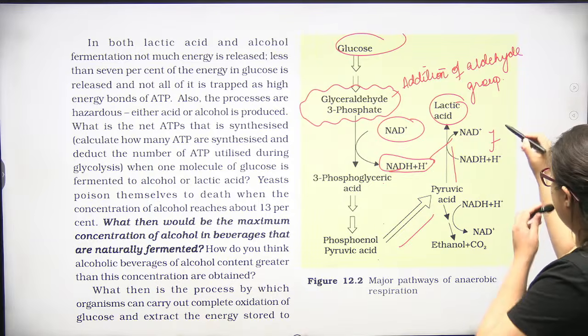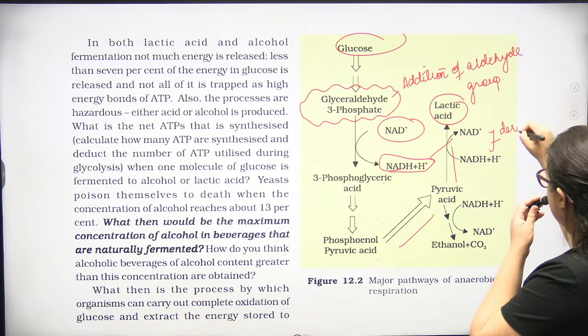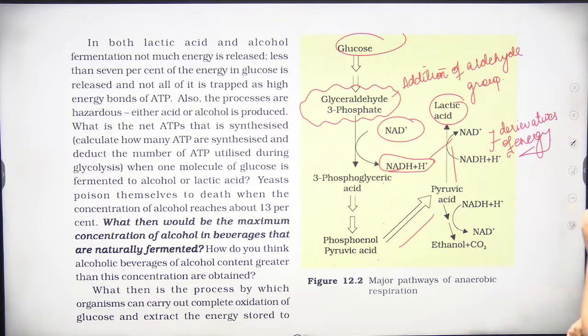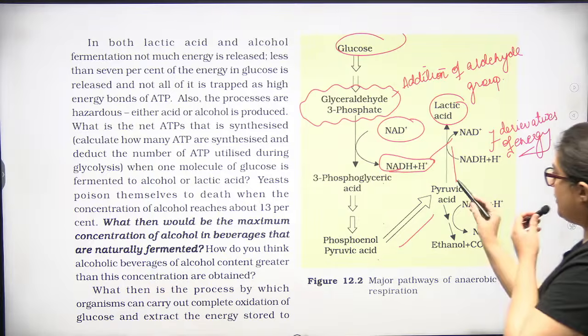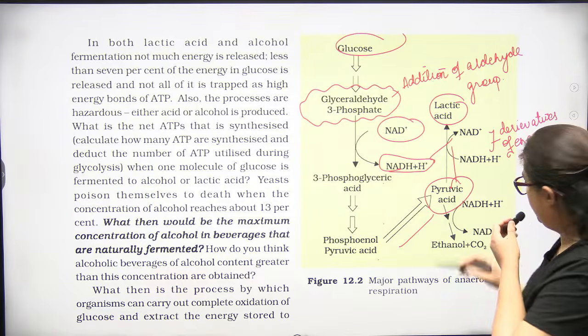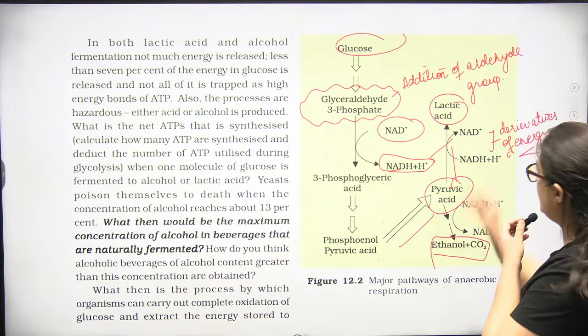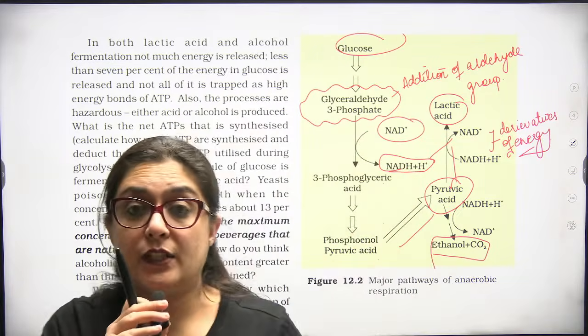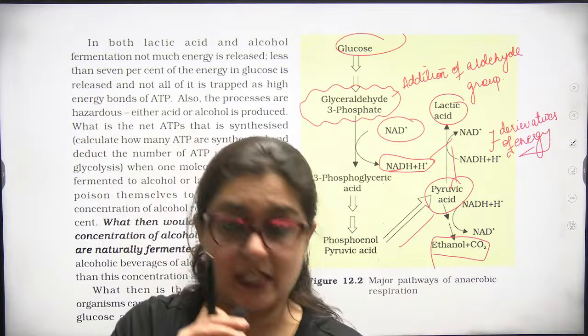These are also the derivatives of energy. Is it clear? Sometimes if pyruvic acid is broken down, it forms ethanol, otherwise lactic acid forms. And when lactic acid forms in our skeletal muscles, it causes fatigue.